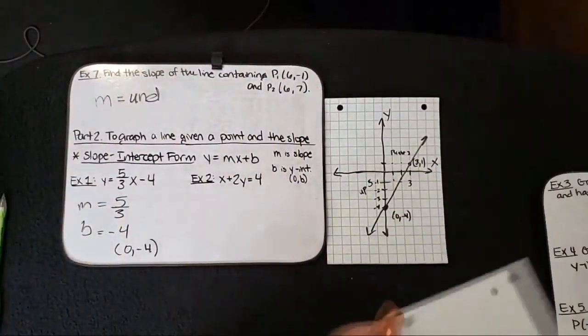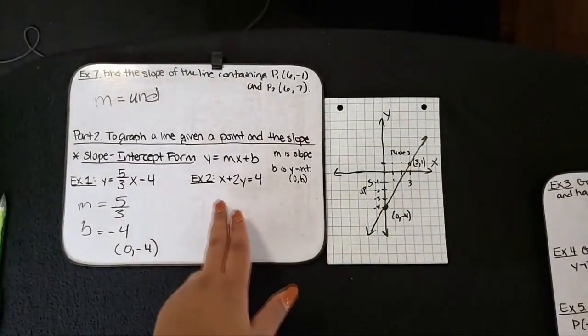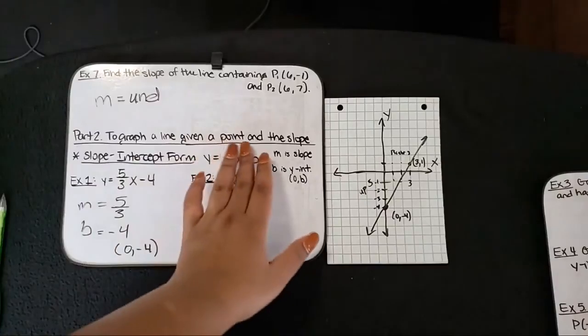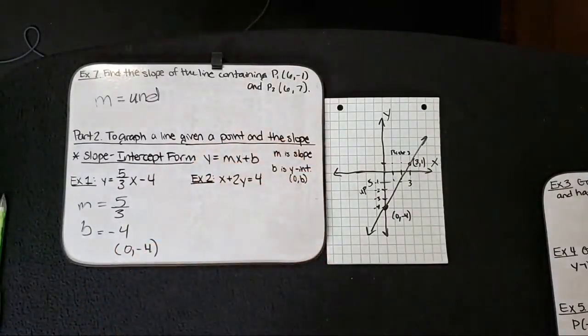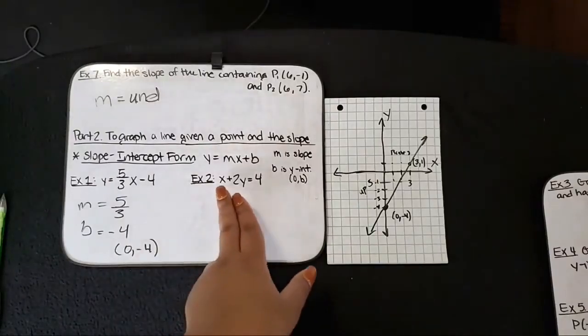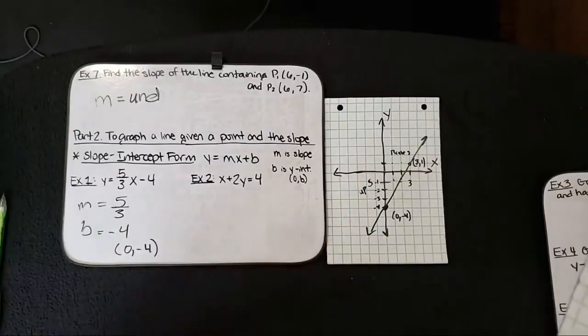Let's take a look at example 2. First thing we want to look at, if we're going to graph it using the point and the slope, it helps for it to be in slope-intercept form. This one is not in slope-intercept form, so we need to move some things around.